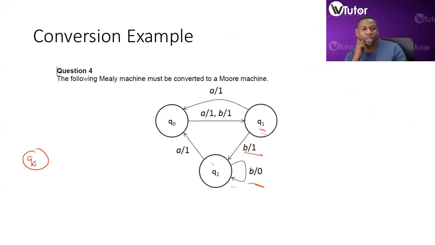So we've got Q0, which is the input. The ones that are coming into it, we've got a 1 incoming, we've got 1 over here, 1 over there. Then we go to Q1, and we give an output of 1, then this becomes A and B. And then we want to split Q2.